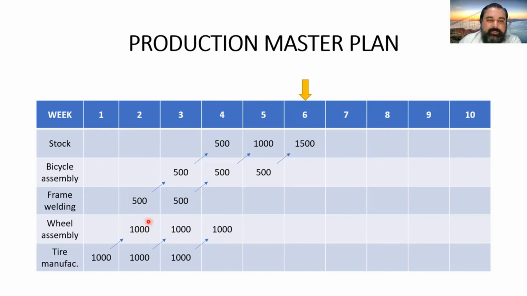Wheel assembly area and frame welding will deliver their parts to the bicycle assembly a week later. These parts will reach the bicycle assembly line in week 3. Our capacity is to assemble 1,000 bicycles. Why not assemble 1,000 bicycles? Because we will not have enough wheels.